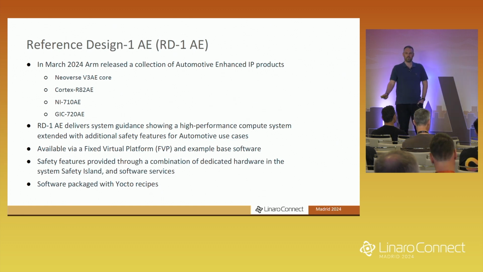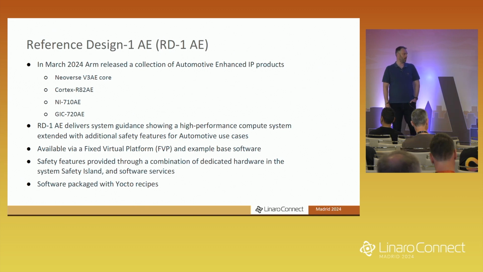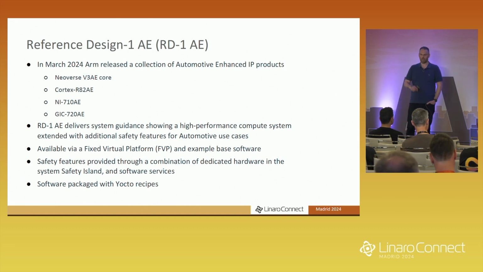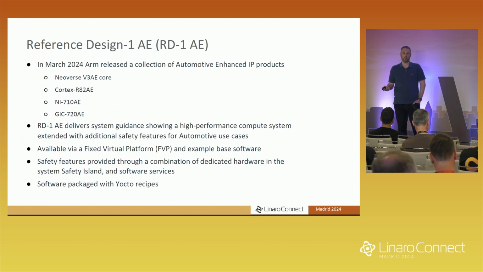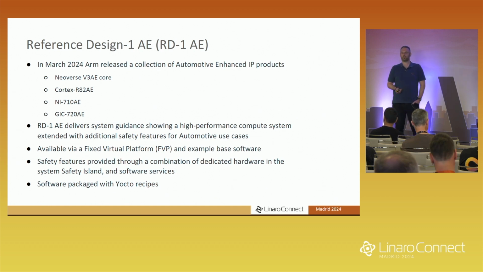So the work that the team have been doing now over approximately the last 9 to 12 months has all been targeted towards delivering a reference design to show how all of these components can be integrated together and to provide a high-performance compute subsystem that has been extended with a safety island in order to host automotive safety-critical workloads. So this work is complete and is available publicly.